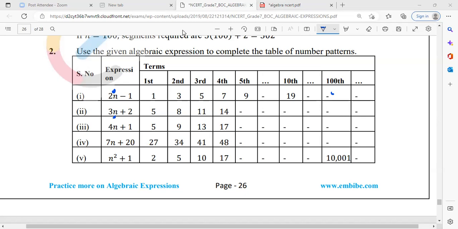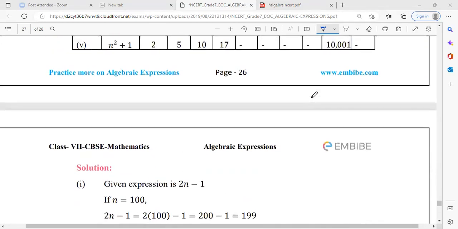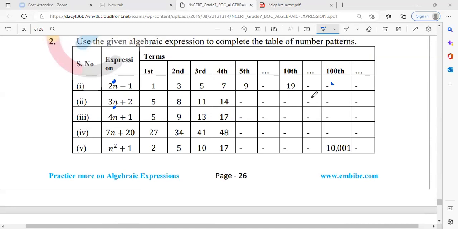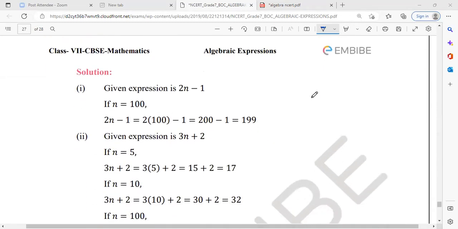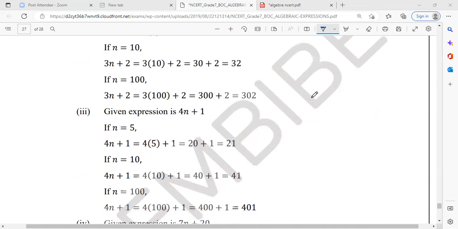Yes, ma'am, done. So what you got? Ma'am, in the 10th row, I got 32. Okay. What? 90. 101. Okay. Next.